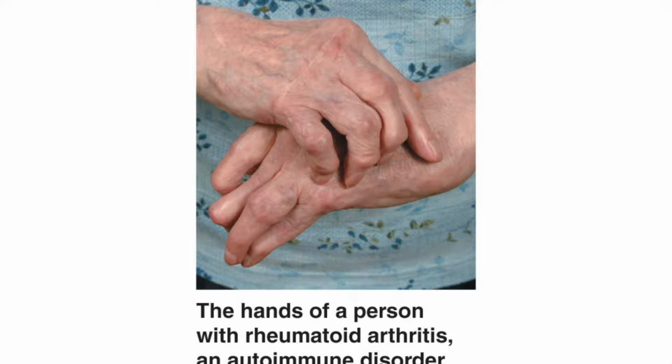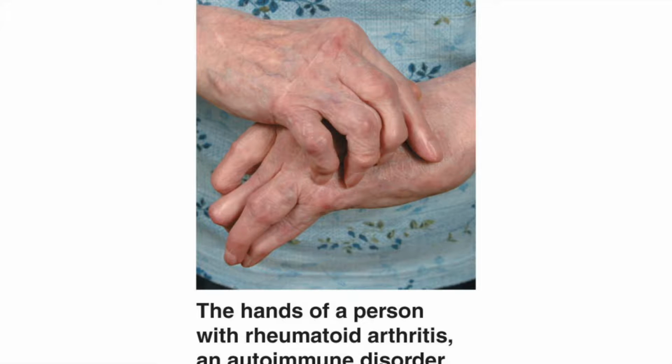Thyroiditis is caused by autoantibodies against thyroglobulin, and that will mess up your thyroid gland. This picture is showing someone with rheumatoid arthritis. It occurs when autoantibodies form immune complexes in connective tissues around the joints. This leads to inflammation and eventually joint destruction.